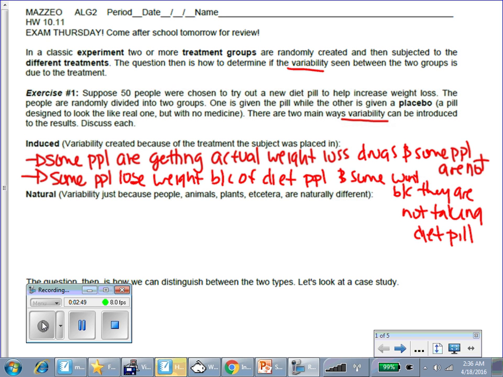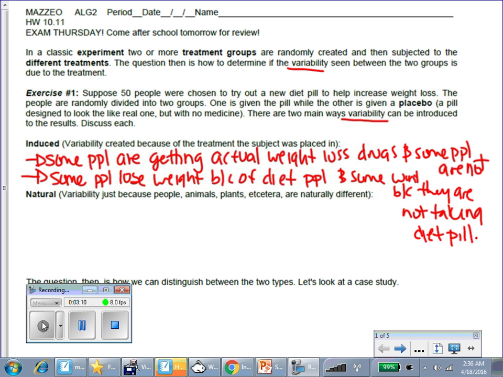Okay, so then let's talk about natural variability. Like it says there, it is variability just because people, animals, plants, etc. are naturally different than one another. So even within one of the two treatments, some people will lose more weight and some people will lose less.